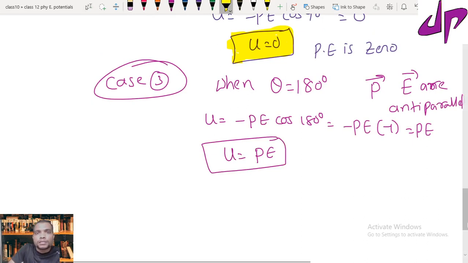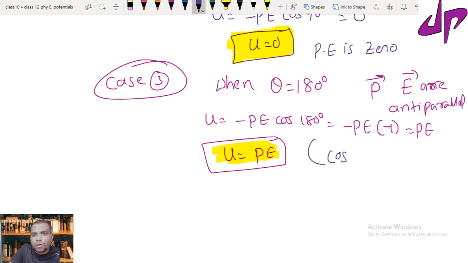So the potential energy of an electric dipole has a positive value. Here cos 180 degrees equals minus 1. Here you can see the potential energy is positive.